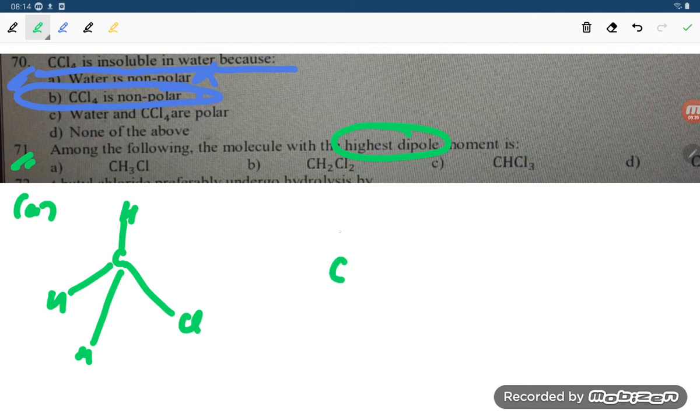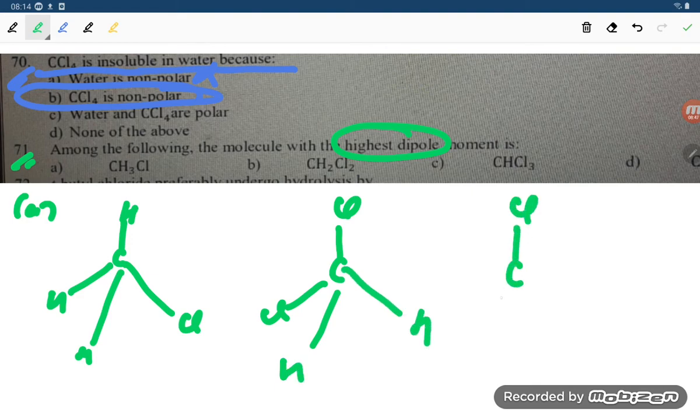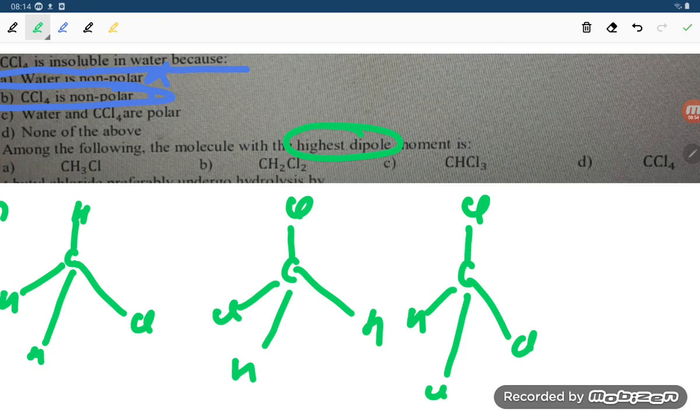In option B, here is Cl, here is also Cl, here is hydrogen and this is hydrogen. In the third option, Cl, here is H, you can draw Cl and Cl. Option D is CCl4, so here is Cl and this is Cl.